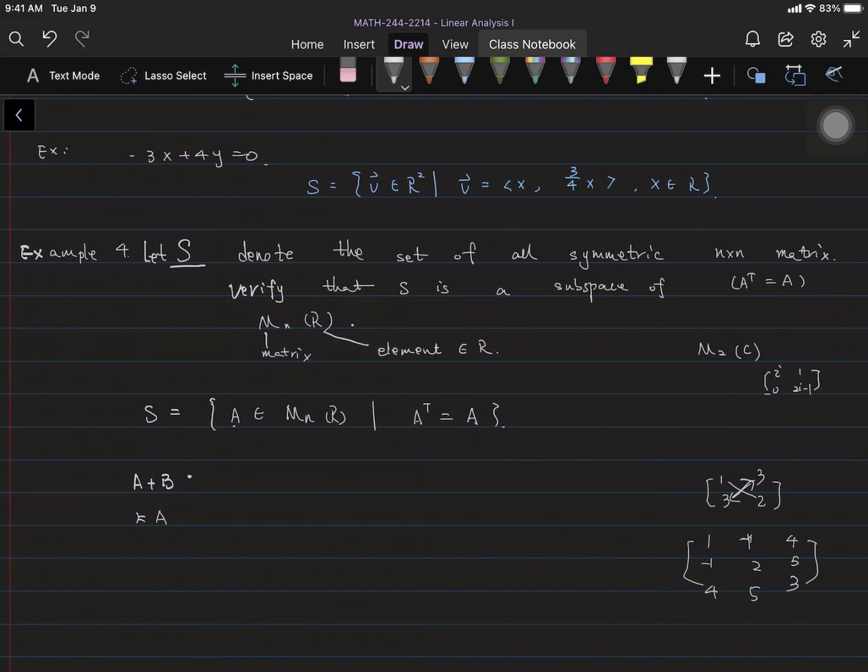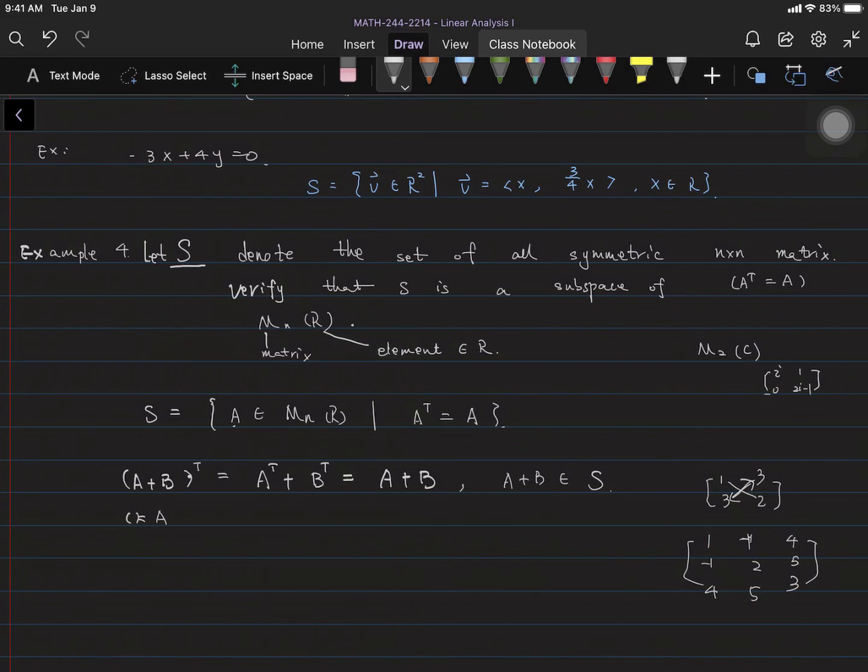Firstly, we pick the sum, and we want to see if the sum is still symmetric or not. We take the transpose. This is the property: A plus B transpose equals A transpose plus B transpose. And because A and B both belong to S, they are symmetric, so A transpose equals A and B transpose equals B. So you can see A plus B transpose equals A plus B. That means A plus B belongs to S.